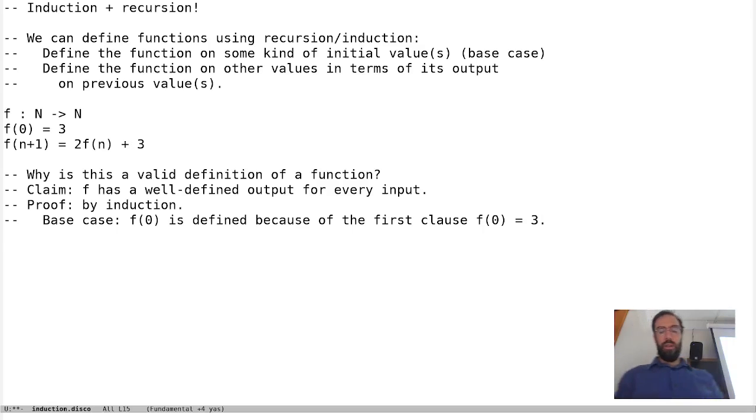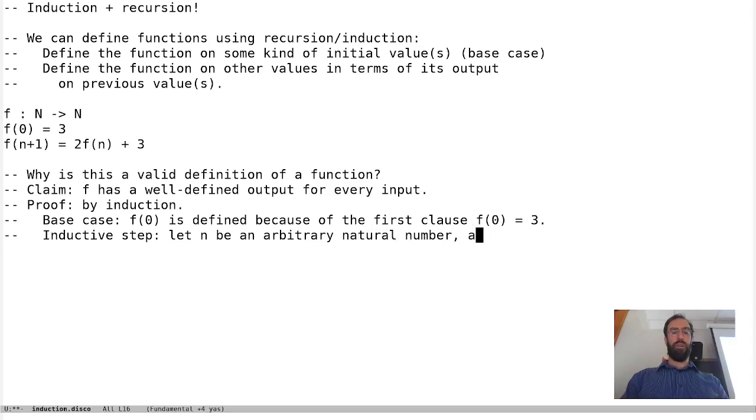Okay, and then in the inductive step, we would say let n be an arbitrary natural number, and suppose that f of n is defined. So we'll suppose that f has a well-defined output for f of n. And then that means f of n plus 1 is also defined.